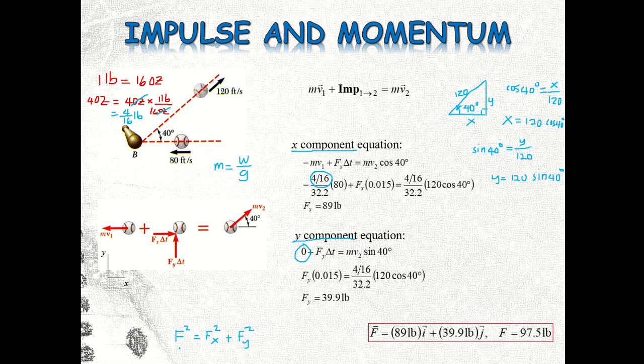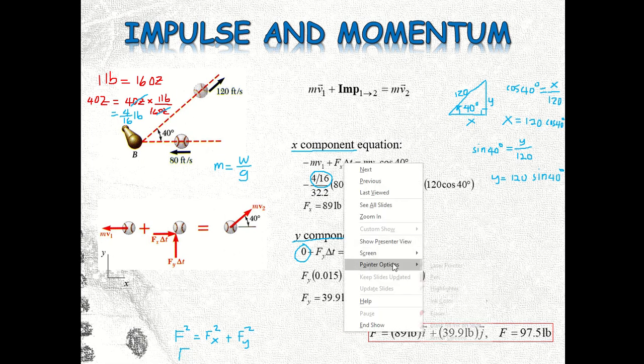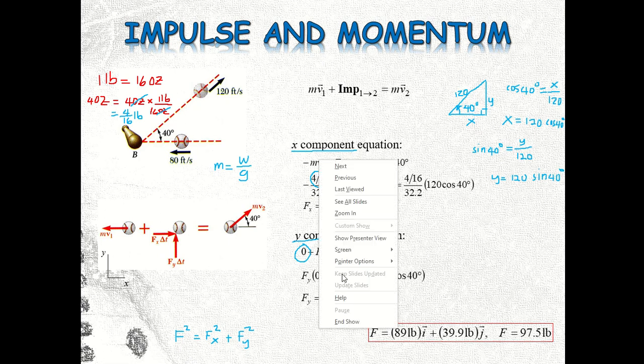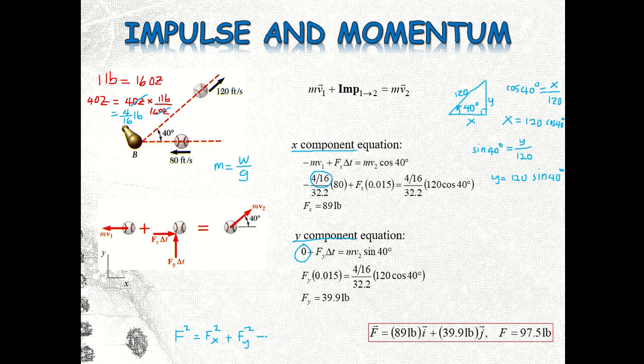So when you solve for f, you just take the square root on both sides.